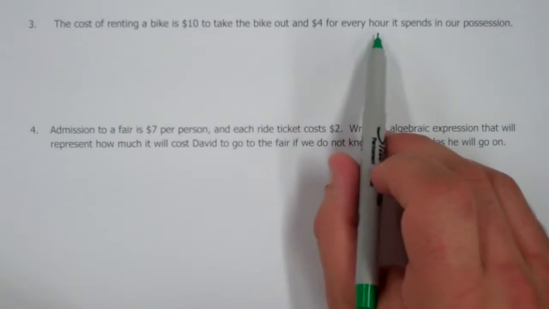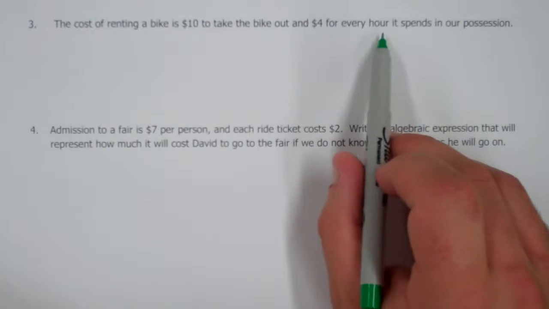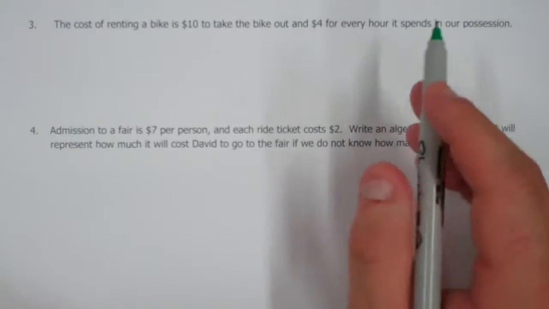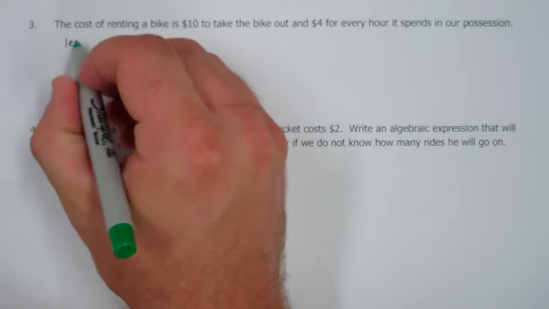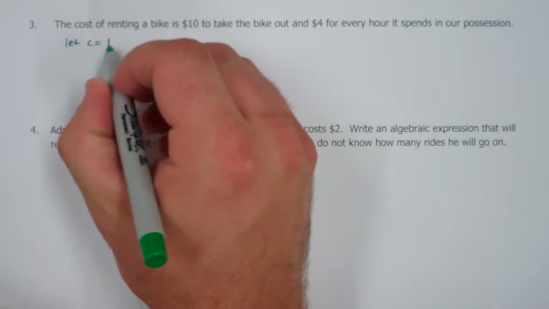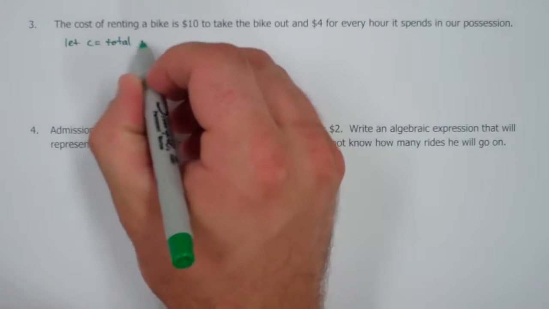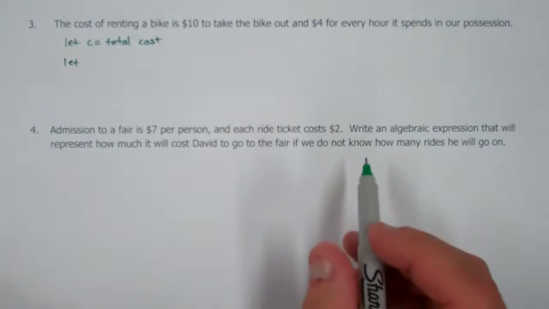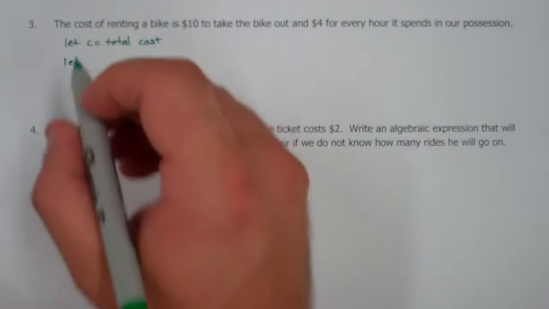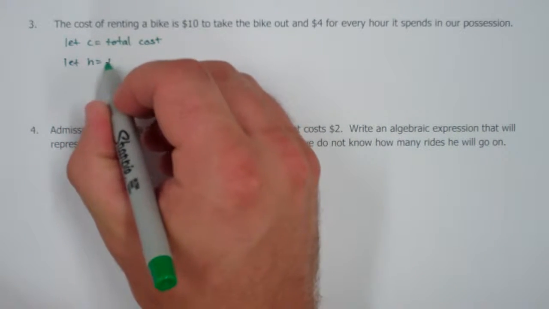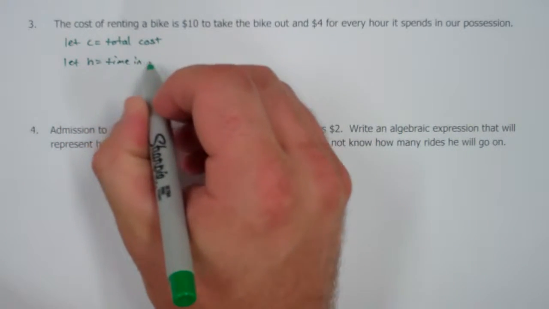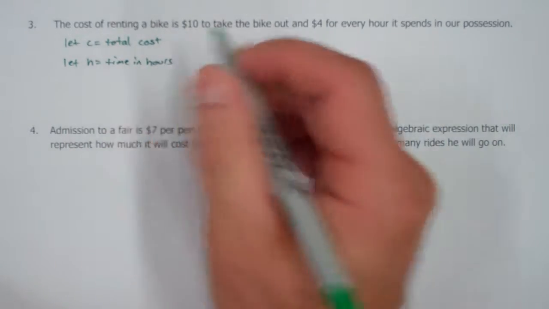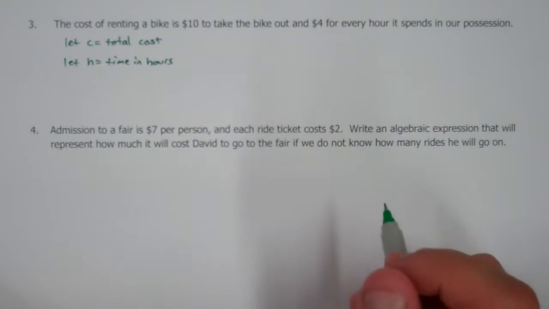But we don't know how many hours we're spending. So let's let C equal the total cost. We don't know that either. And then for our other variable, we'll just do h again, and that'll be time in hours that the bike is in our possession.